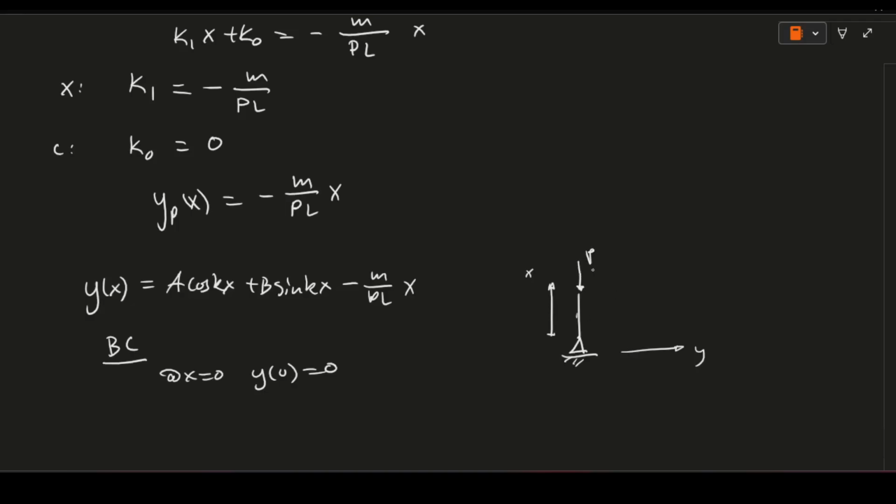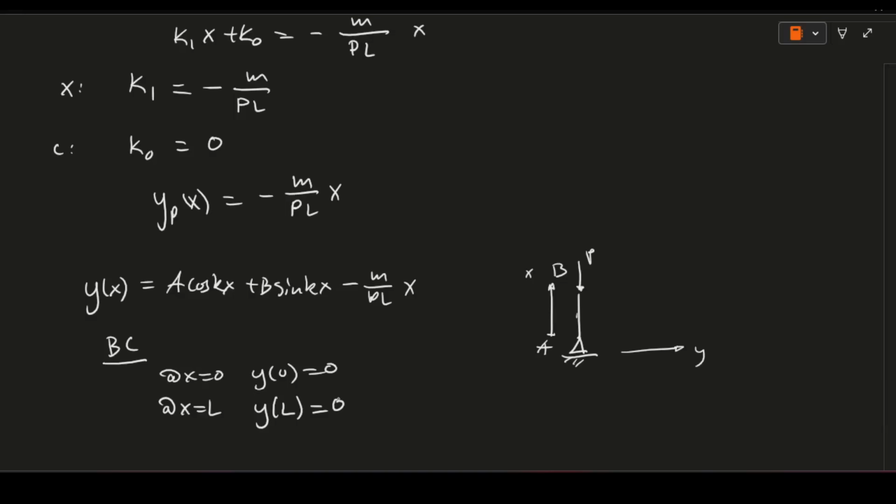And in the task, it said that there is assumed to be no foreshortening in the axial direction of this member AB. Then we can assume that at x equals L, y of L is also equal to 0.